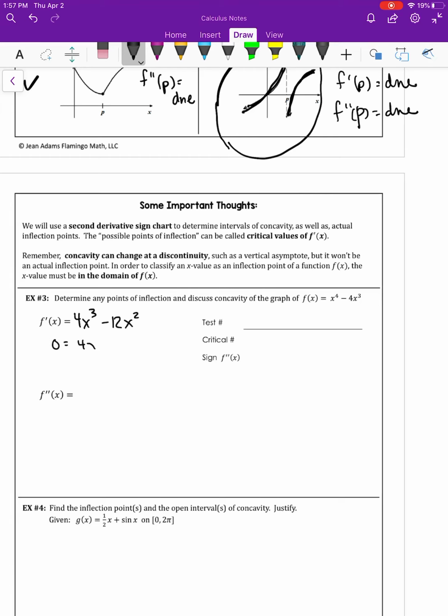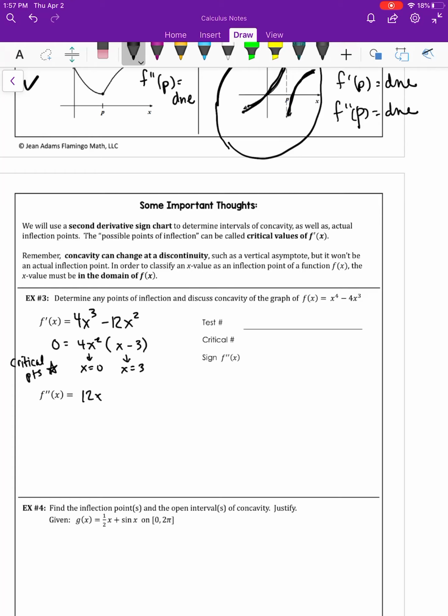I wanted to set it equal to 0, and at the same time I was going to factor out what was common, and 4x squared was common, and I'm left with x minus 3. So if I set that equal to 0, that gives me x equals 0. Set that equal to 0 gives me x equals 3. And so those are your critical points for the first derivative.